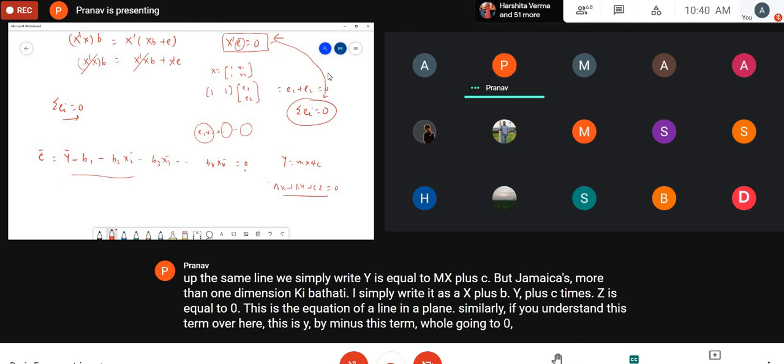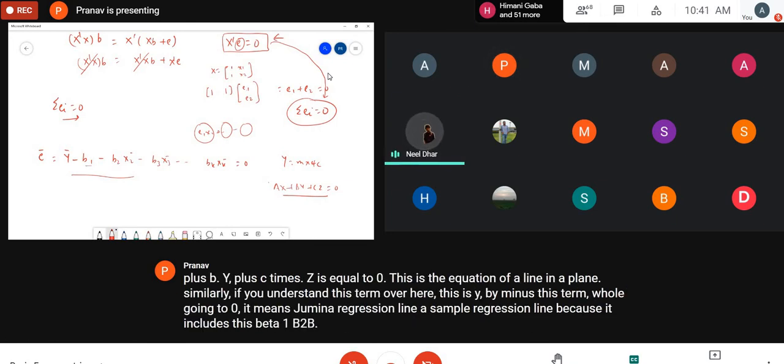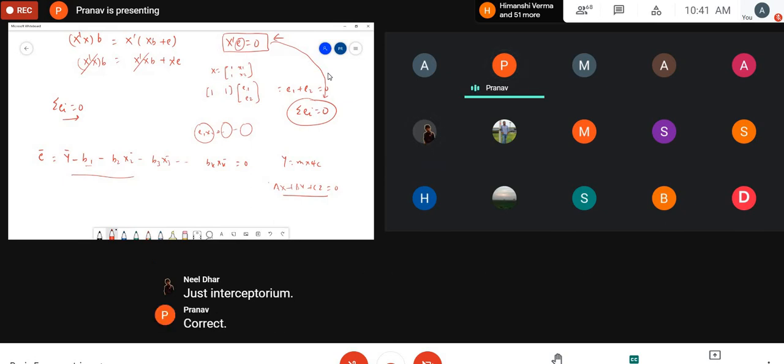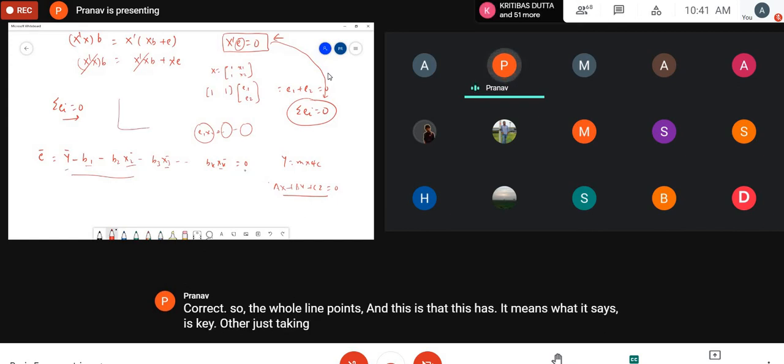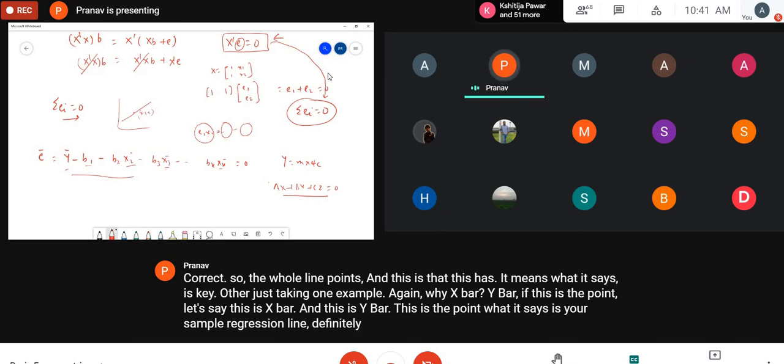It means जो मेरा sample regression line है, because it includes this beta 1, beta 2, intercept term छोड़ गया, correct. So जो वो line है वो पास करती है mean point से. And what it says is, if I take one example, if this is my x and this is my y, and this is x bar and this is y bar, if this is the point, what it says is your sample regression line definitely has to pass through this. Am I clear?